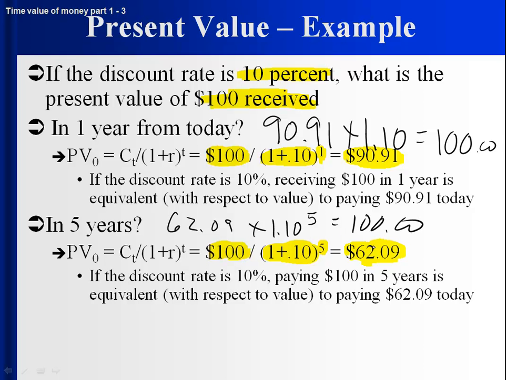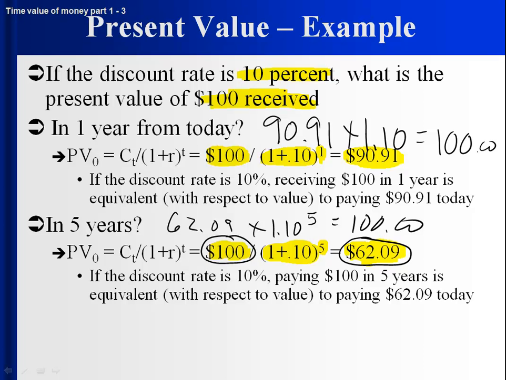And so what it really comes down to is we would be indifferent, and the reason we would pay $62.09 for a $100 piggy bank is because if we had $62.09 and we bought a piggy bank that had $100 in it, and we waited 5 years, and then we cracked it open, we'd get $100. Alternatively, we could say we're not going to buy the piggy bank.